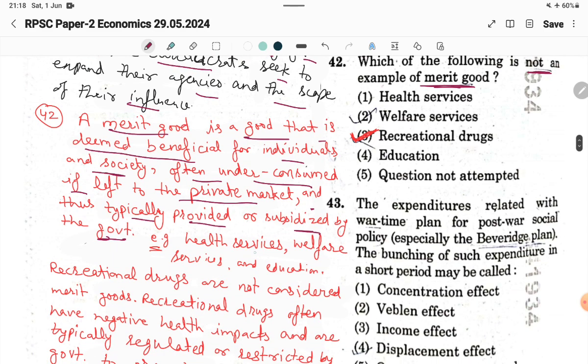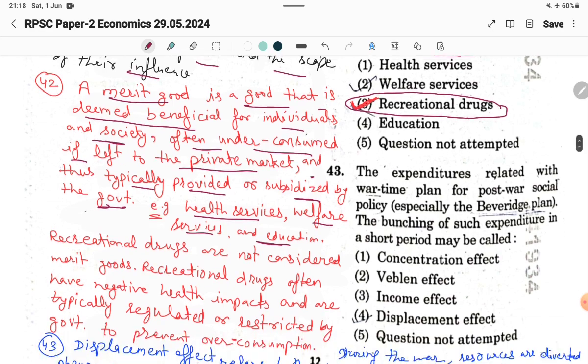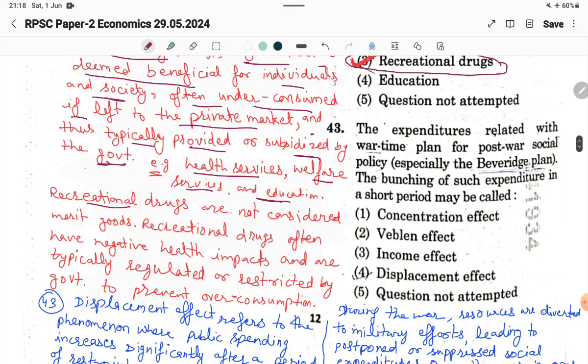Examples: health services, welfare services, and education are examples of merit goods. But recreational drugs is the answer here, because it's not a merit good. Recreational drugs often have negative health impacts and are typically regulated or restricted by the government to prevent overconsumption. So the third option will be the right answer here.